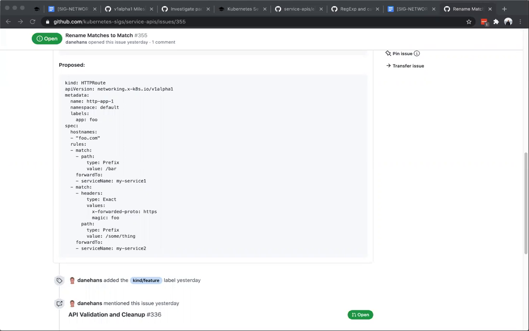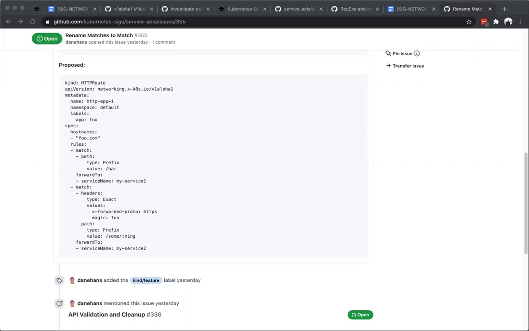Not everything takes effect at the same time. In the case of match and matches, this is probably my brain thinking this way, but matches tells me that each and every match is independent, right?